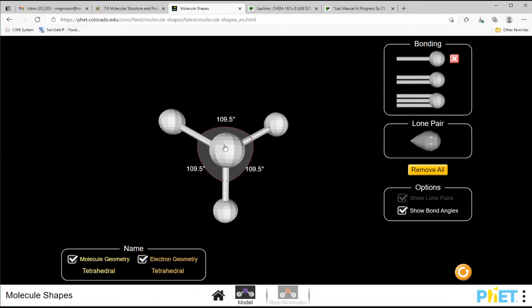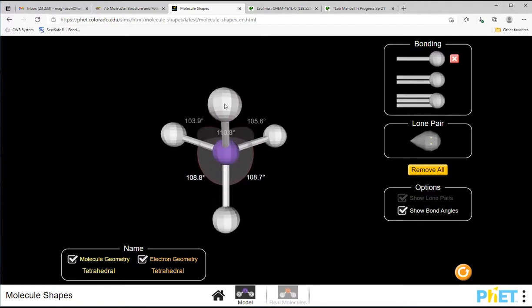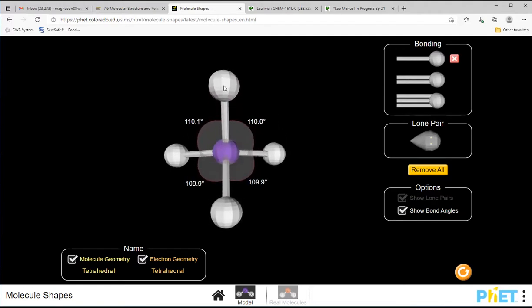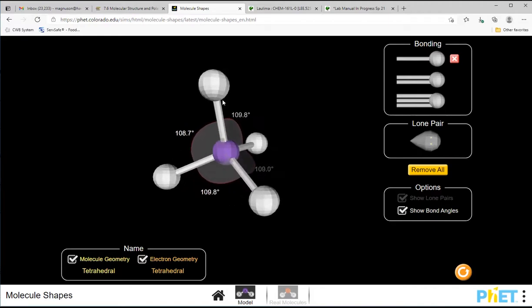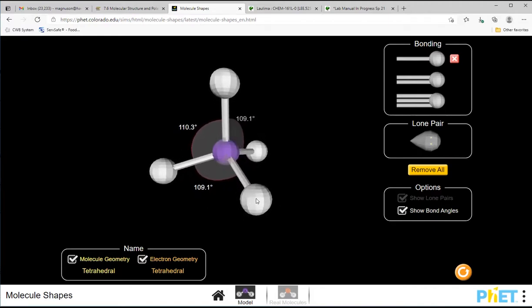But the way this is typically drawn is you want to put as many in the same plane as possible. So I'm going to put the one going up in the same plane. When I draw it, I could just draw it as a line. And then I'm going to put this one on the left in the same plane as well.